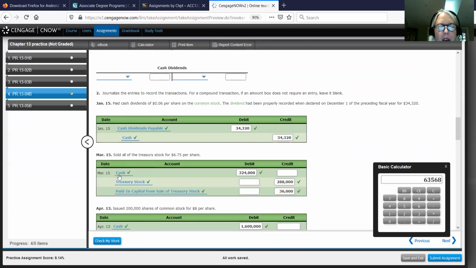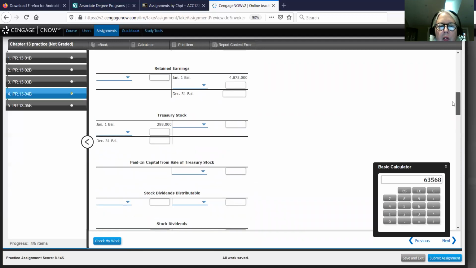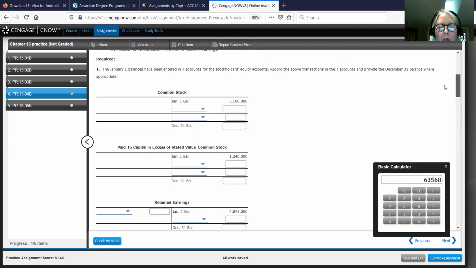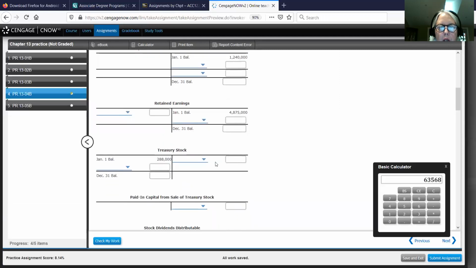Again, we don't have a cash account to post to, but we do have a treasury stock account to post to. So I'm going to pick up that $288,000 and post that to the treasury stock over here as a credit. And you'll want to put in the date of that transaction.